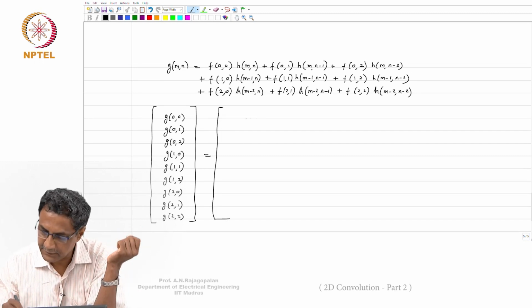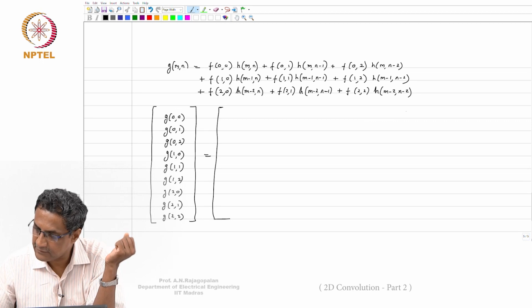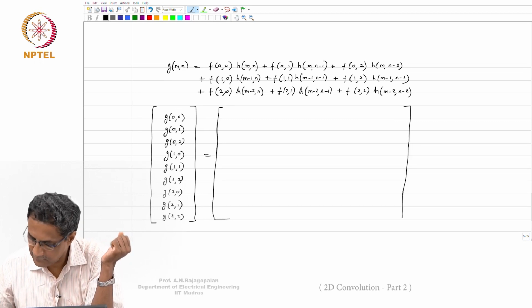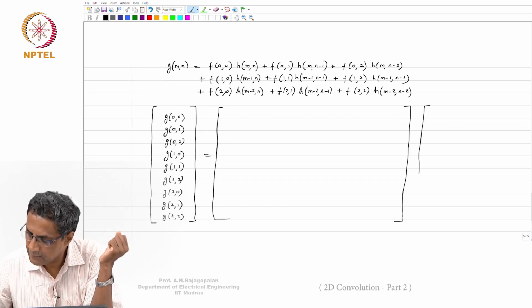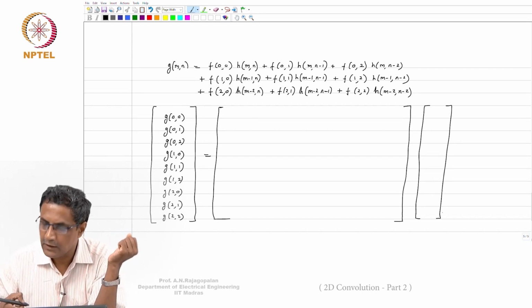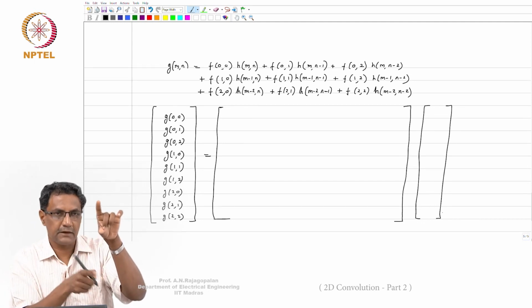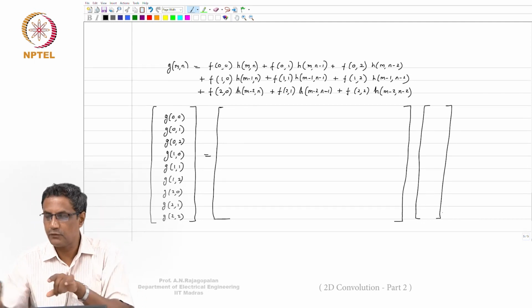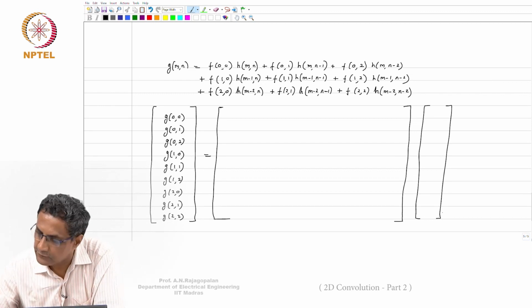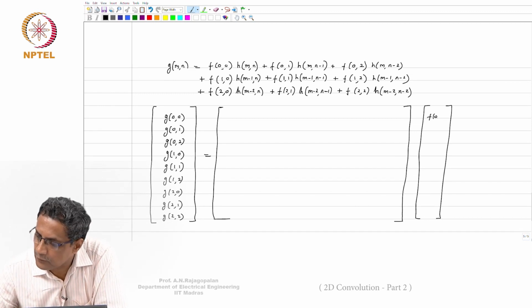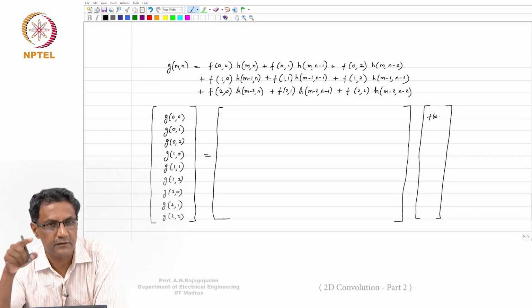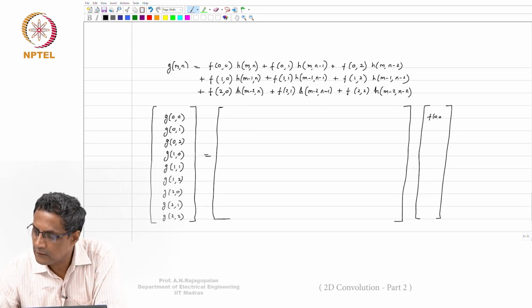Not so big, I think 9 entries we have to write here. So let's say we go up to this, and here also we will lexicographically order. In the same way, of course, you can also take the first column, put that as a first column, take the second column, put it below, but whatever you do on the left, do the same thing on the right. So one is row lexicographical ordering, another is column lexicographical ordering.